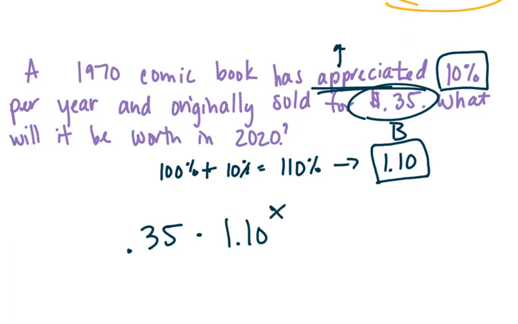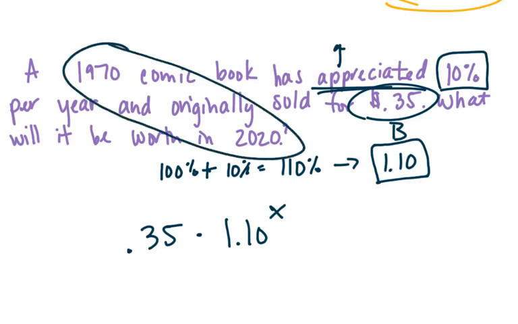And then we think about, well, what about 2020? Well, we just have to calculate the distance between 1970 and 2020, which is 50 years. So 0.35 times 1.10 to the 50th power, and that would tell us how much this comic book is worth.